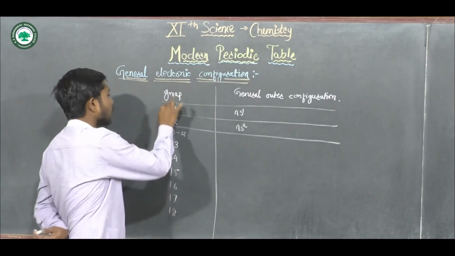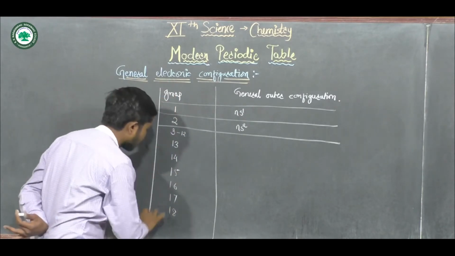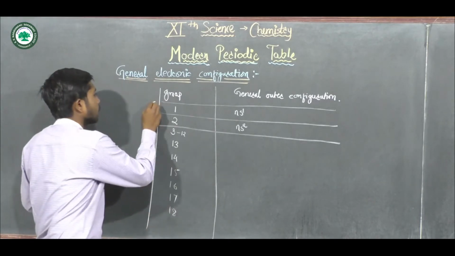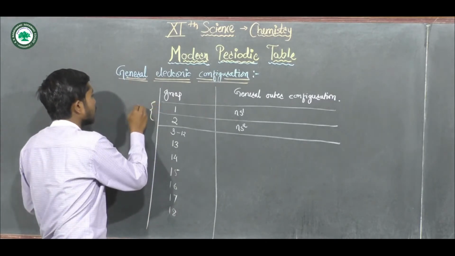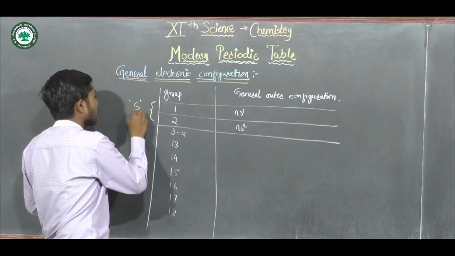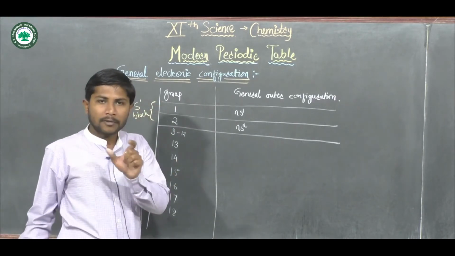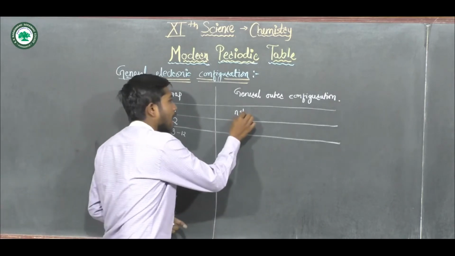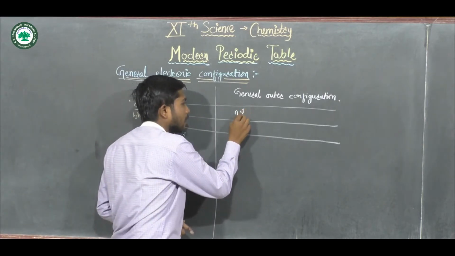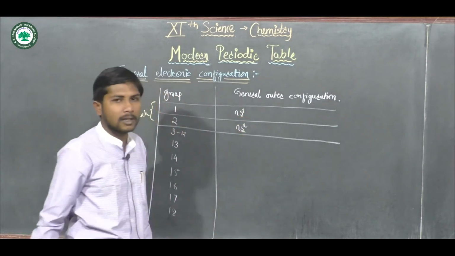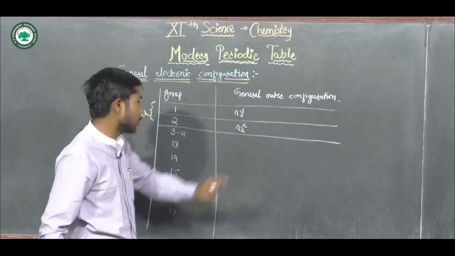As we know, the first two groups represent the S block. That's why their last electron enters the S orbital, and their general electronic configuration can be written as ns1 and ns2.